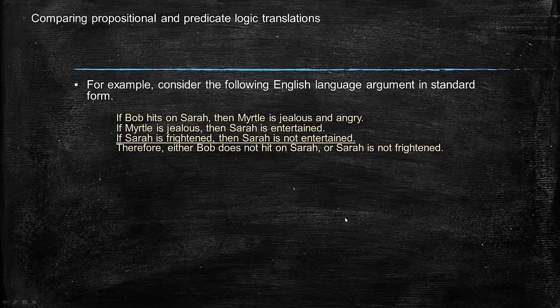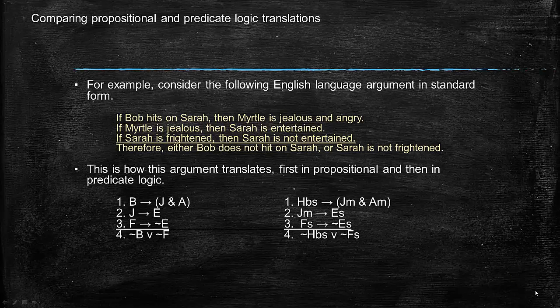Therefore, either Bob does not hit on Sarah or Sarah is not frightened. So if you took a moment to translate that on this side in propositional logic, it would look like this: if B, then J and A; if J, then E; if F, then not E; therefore not B, or not F.